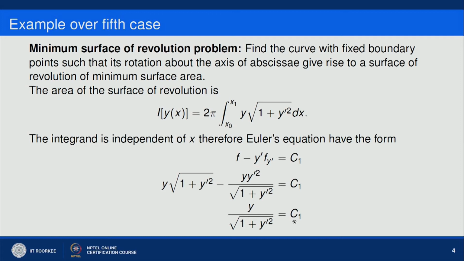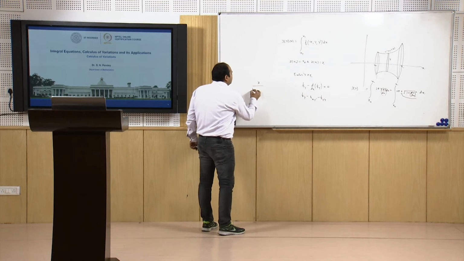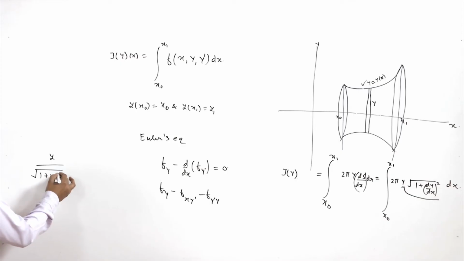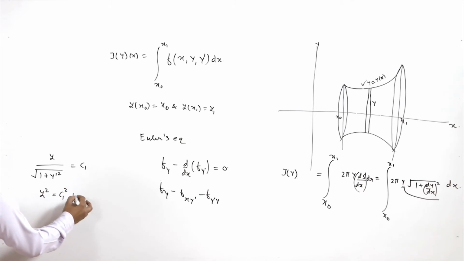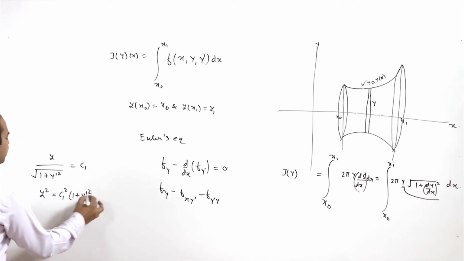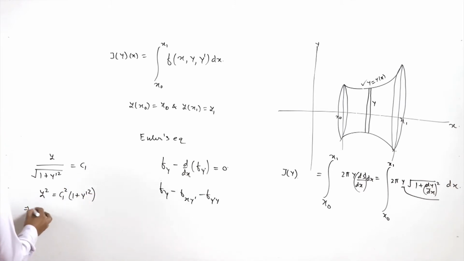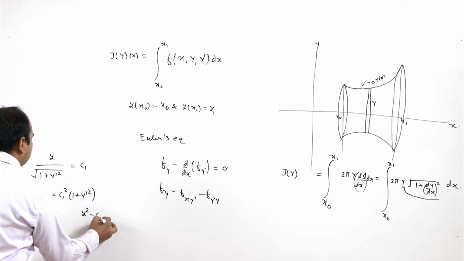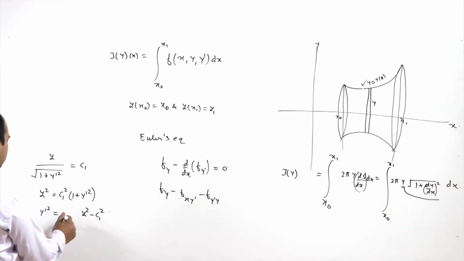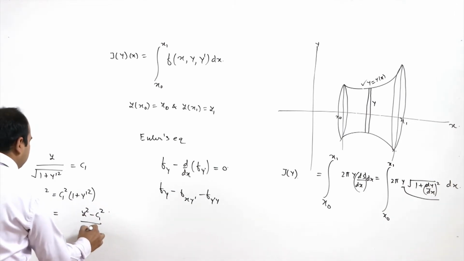In fact, let us see here, this is your y upon under root 1 plus y dash square. I am just giving you a small hint how you can solve it. So if you square it, you have y square equal to C1 square times (1 plus y dash square), and you can simply say that y dash square is equal to (y square minus C1 square) divided by C1 square.